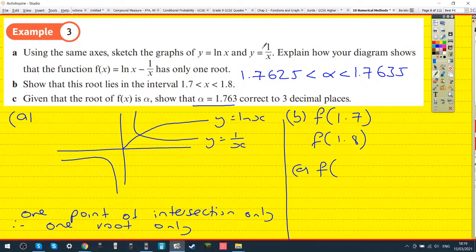Oh, right, okay. So there's a way to go about it. I'll show you in a second. So what would you do with those 2 numbers? Sub them into the equation. Yeah. What do you expect to happen?